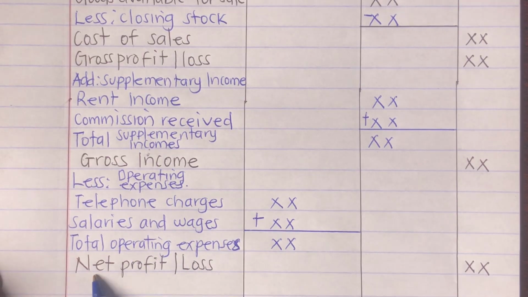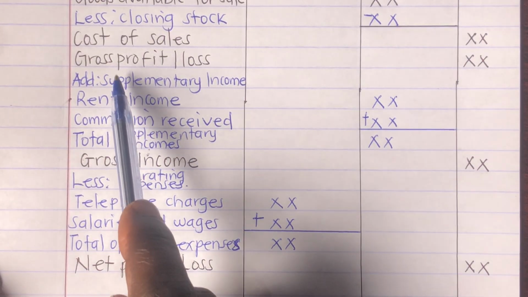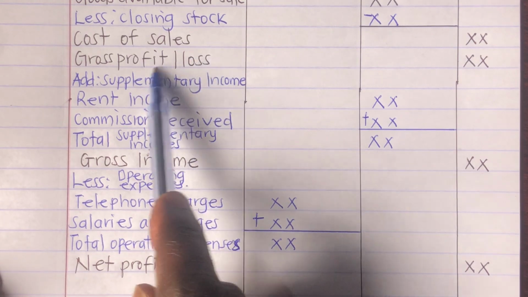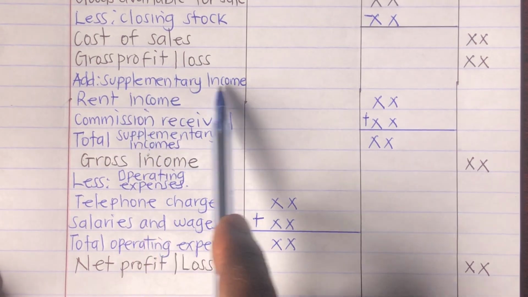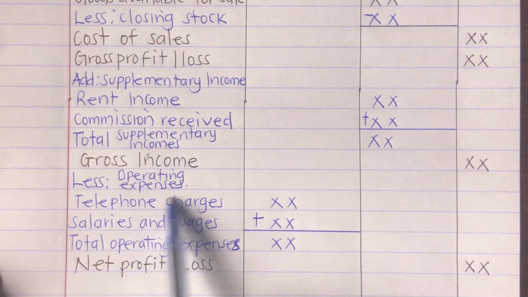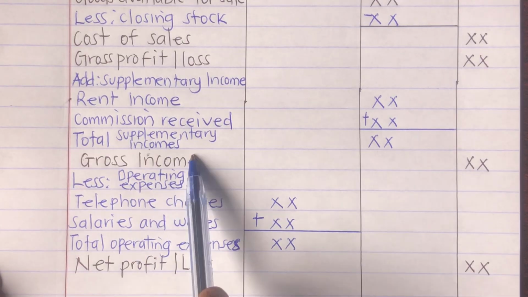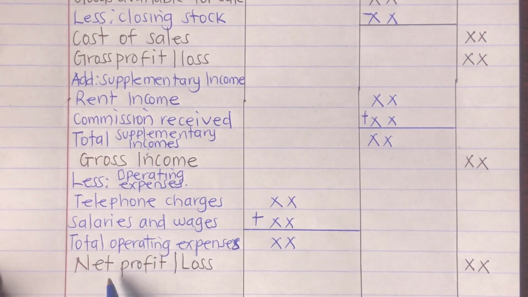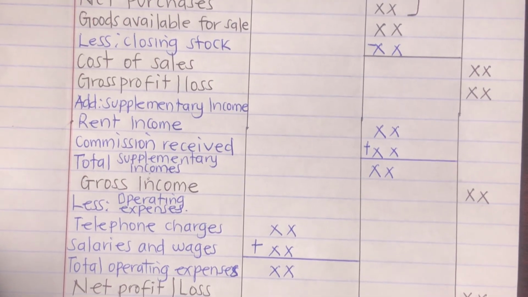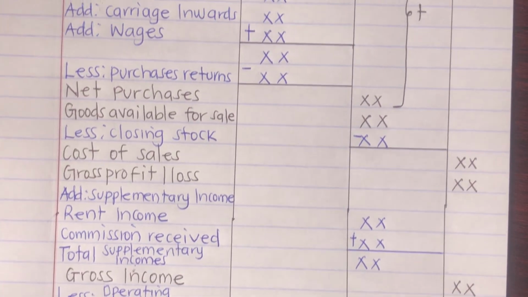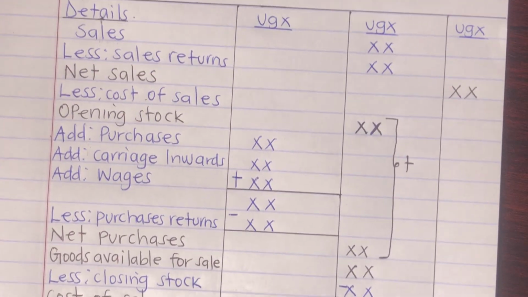That is it. So we get our net profit by adding the gross profit or gross loss plus supplementary incomes, then we less the operating expenses, or it is gross income less operating expenses, and we get our net profit here. So that is the format of preparation of a trading profit and loss account or an income statement.